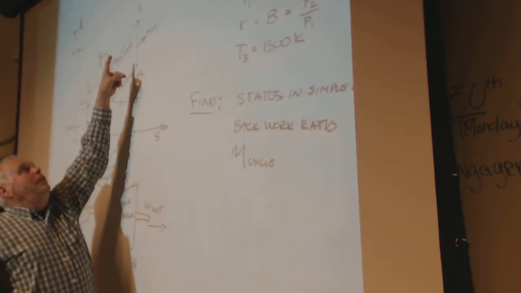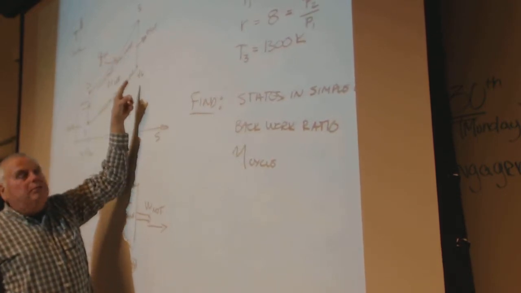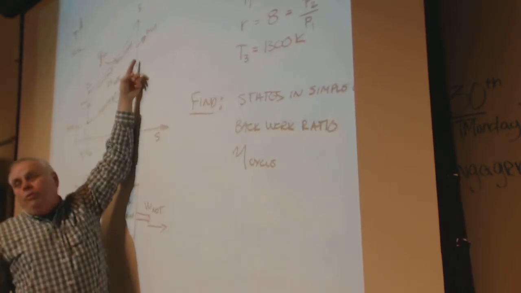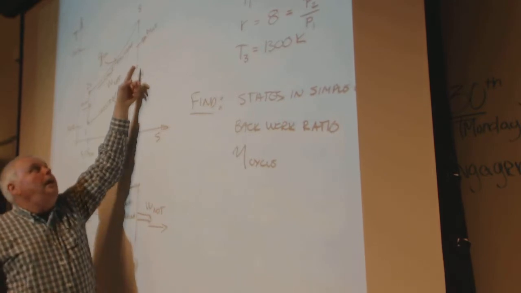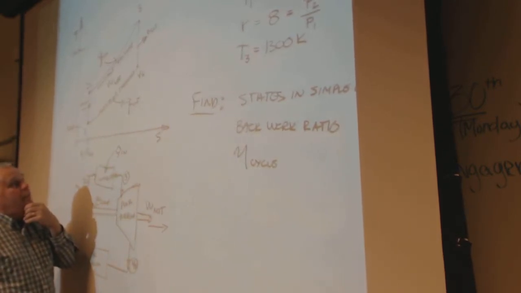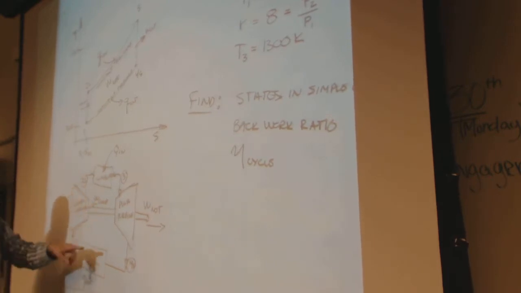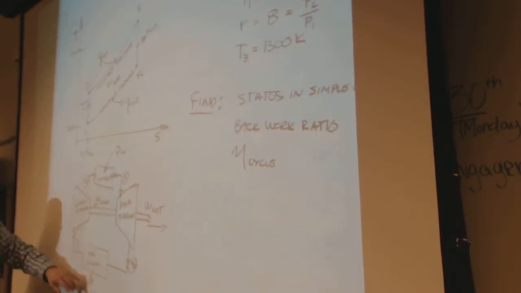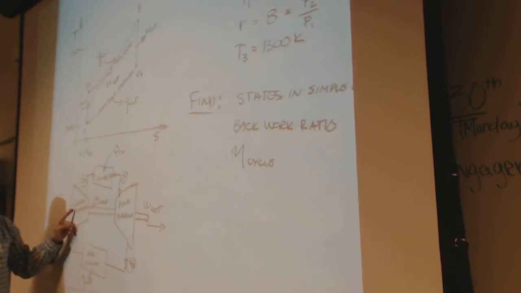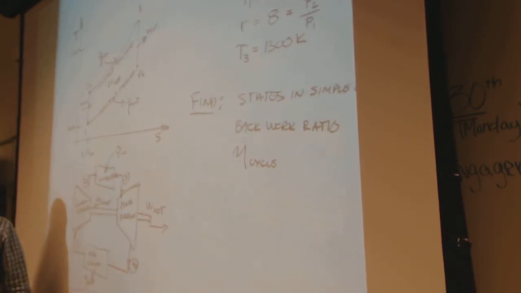Then you have the power turbine. So here's work in on the compressor, work out from the turbine, and then you cool it back down to the beginning point. That's your exhaust heat. It looks like this the way we analyze it, but in reality this doesn't exist. In reality, air comes in and comes out at some other temperature.